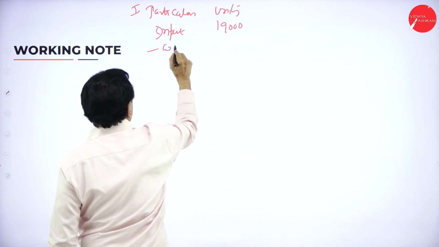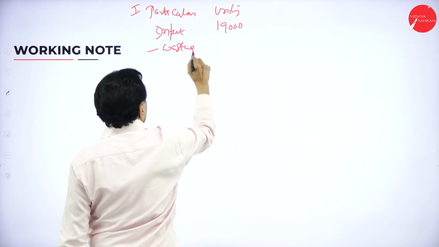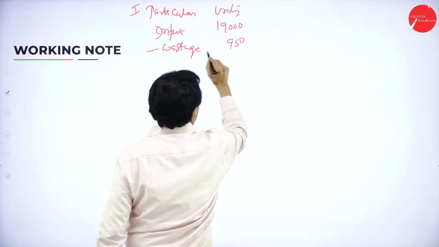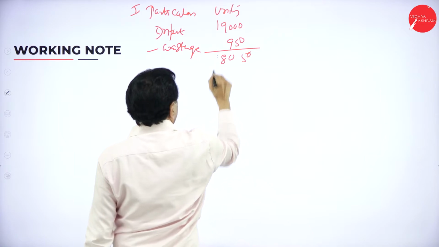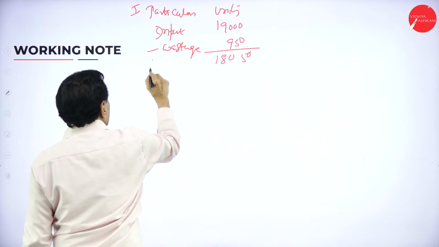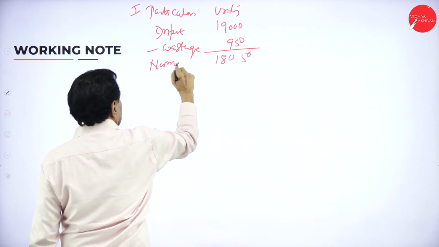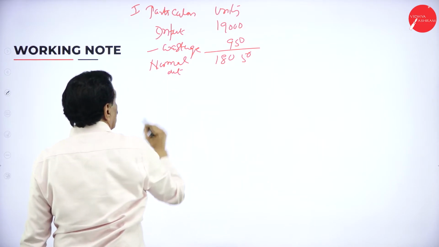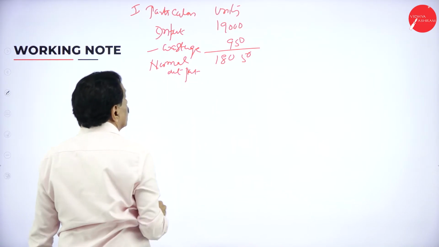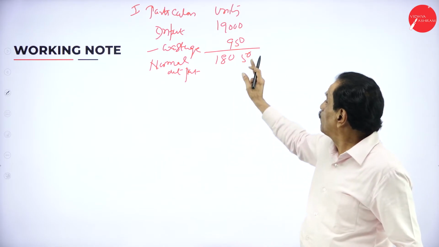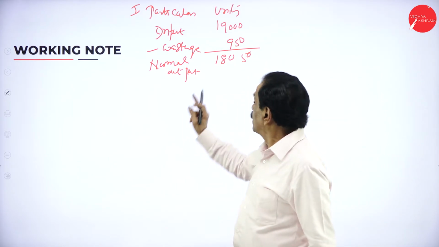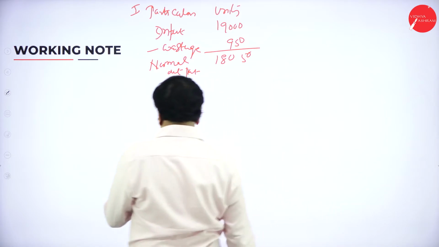Minus wastage or normal loss 950. 18,050 is normal output or standard output. So how much is introduced? 19,000 units. So how much wastage? 950. Normal output is 18,050.